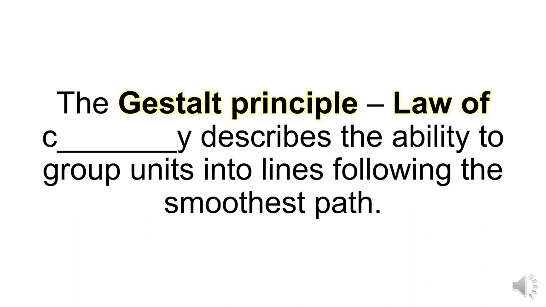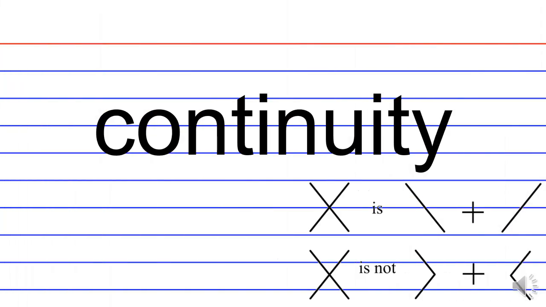The Gestalt principle law of C-blank-Y describes the ability to group units into lines following the smoothest path. So what law is this? The law of continuity.